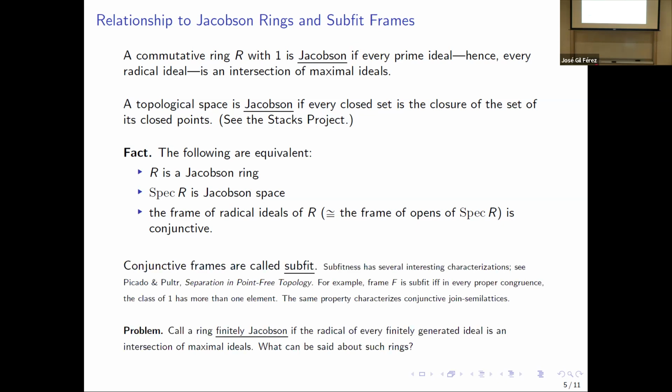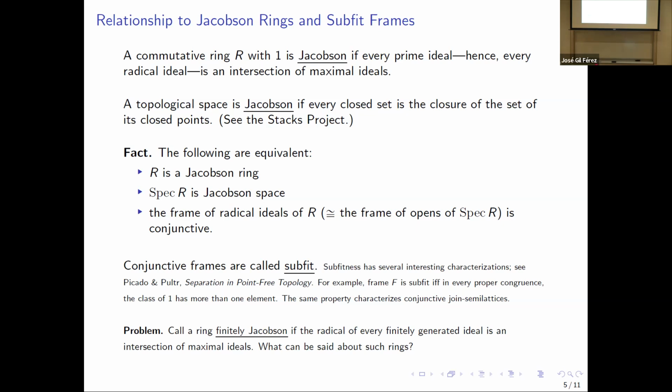Conjunctive frames, right, frames are semilattices with some additional information. A conjunctive frame is called subfit. As a matter of fact, the definition of subfit frame is exactly the same as the definition of conjunctive semilattice. Subfitness has a lot of interesting characterizations and plays an important role in point-free topology. It's an important separation property.